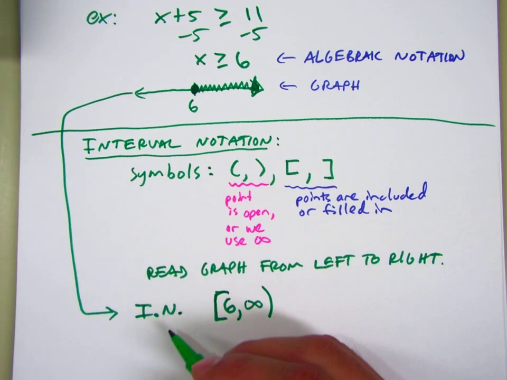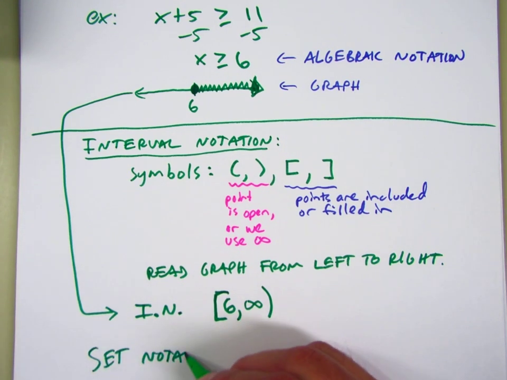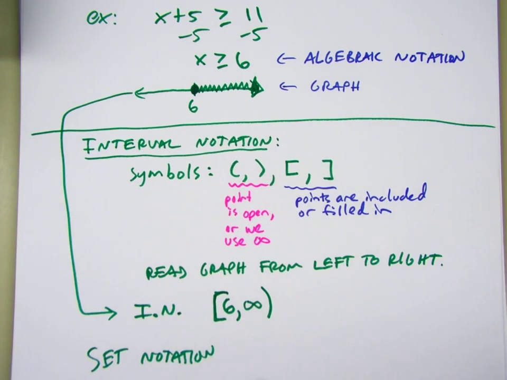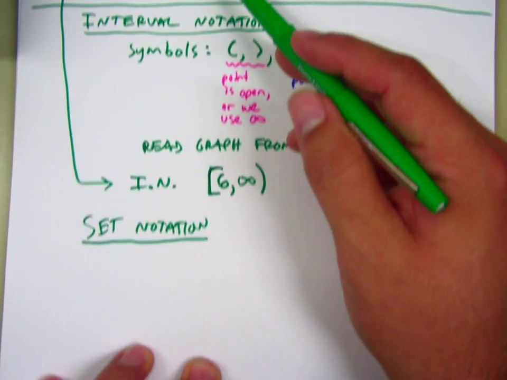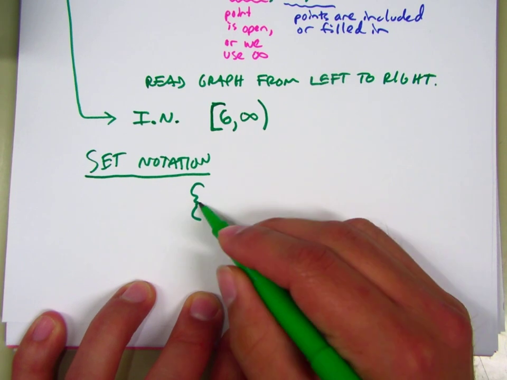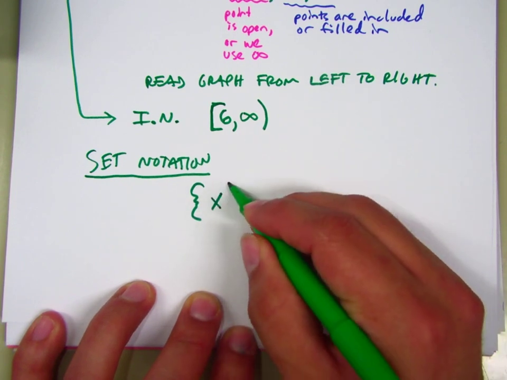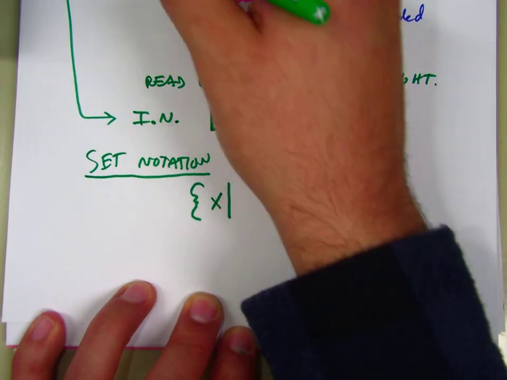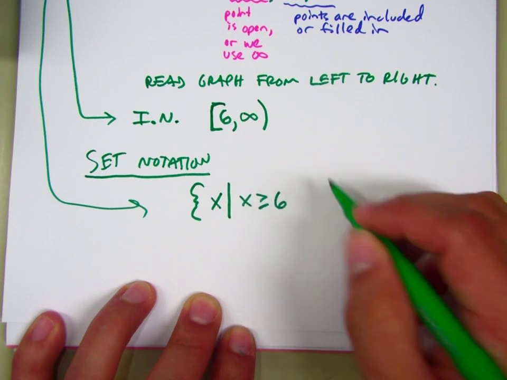Set builder notation, or set notation, is just a fancier way of describing this algebraic solution. What that looks like is something like this. You always have these fancy little braces, and then you say x, and then this symbol here. Then, using the same graph, we would say x is greater than or equal to 6.